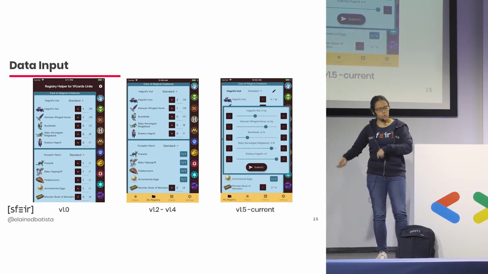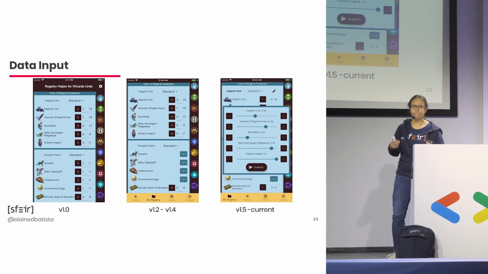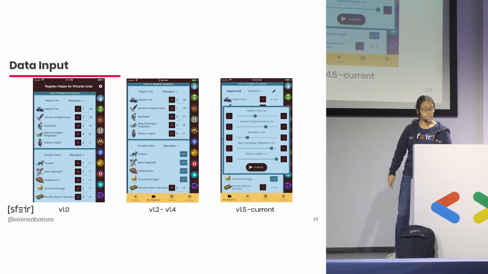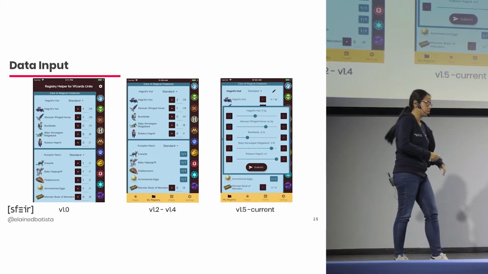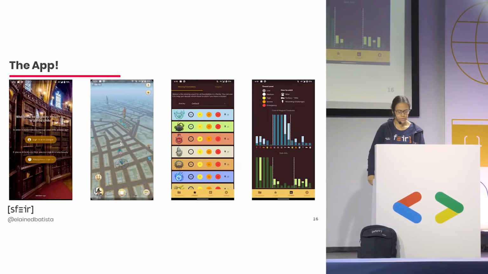And we're going to see in the feedback later, input, especially on iOS, is kind of challenging, with the keyboard. And since with Flutter you build for both Android and iOS, I didn't want to have specific code for handling those kinds of inputs. So I changed it, and I added this button here with sliders, where you could put how many of the things you had. So this is the main screen of the app, and the main thing that you have to do as a user.